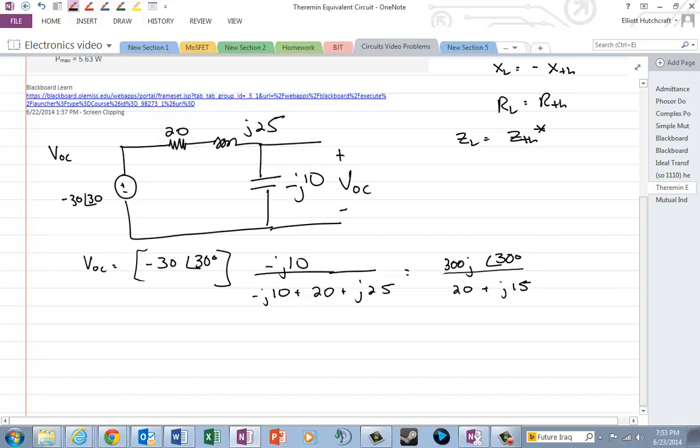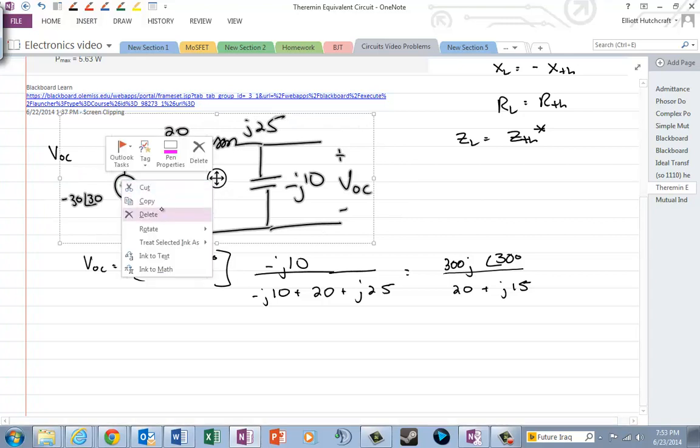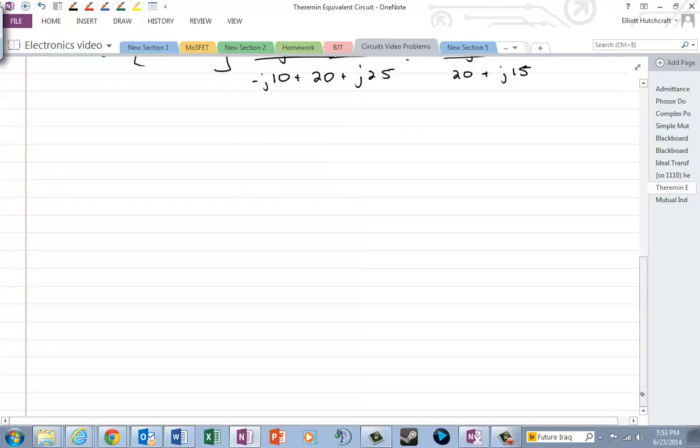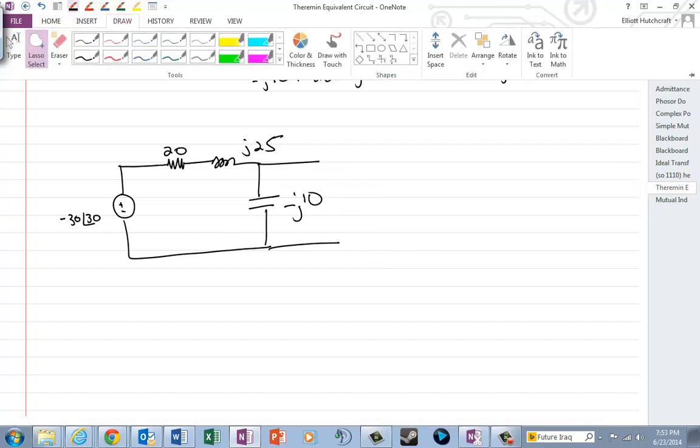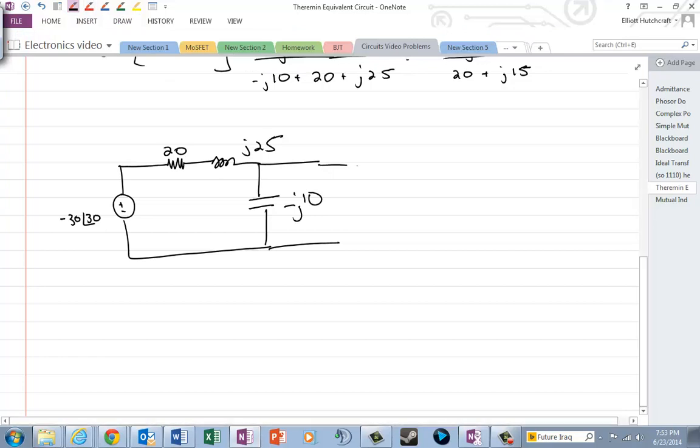I could just come back here and say, oh, I'll do the test source method, and the test source method would be coming here and taking this circuit and saying, okay, where I have that load resistance, I want to attach a source, which I'll call V-test, and I need to find the current coming out of it, which I'll call I-test.